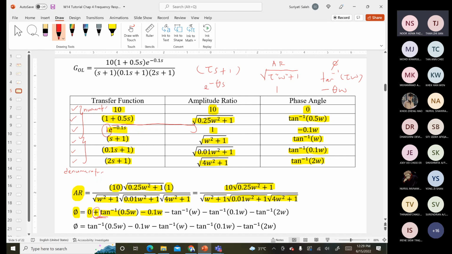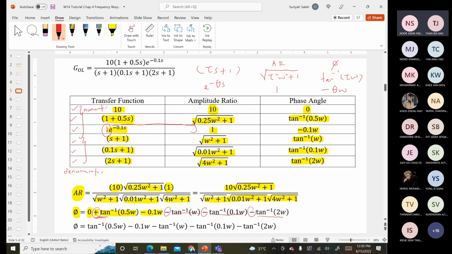So that's why for the bottom part, tangent W, tangent 0.1 W, tangent 2 W, you have negative, because it is located at the bottom part of your equation, or in the denominator.